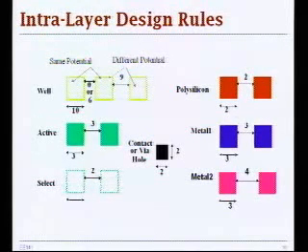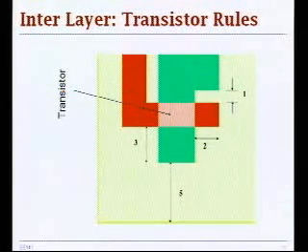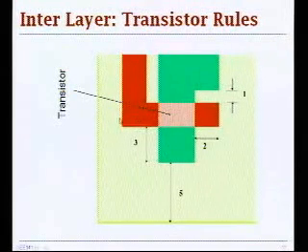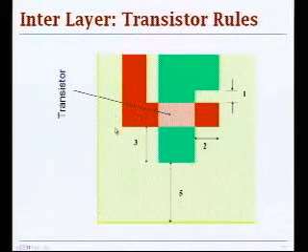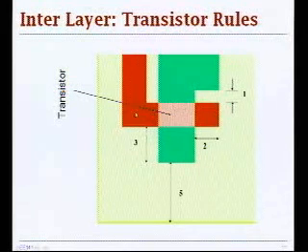So in order to do anything useful, you need to put a lot of these layers together, and that's where these interlayer rules matter. So as we mentioned, the most important rule is transistor rules first. So transistor is formed by the overlay of active, polygon, and polysilicon. So this is your transistor over here in this region.